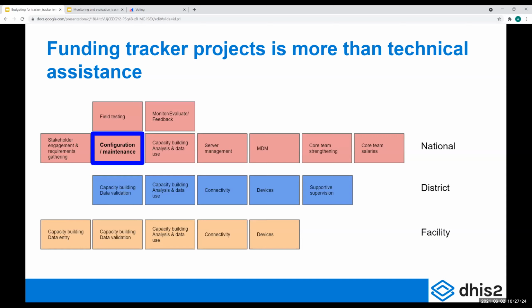Many people are keen on funding new and exciting things, but really mapping out and planning your project well, and also linking costs to every box, is important.